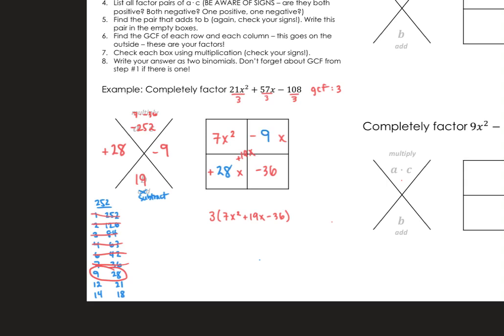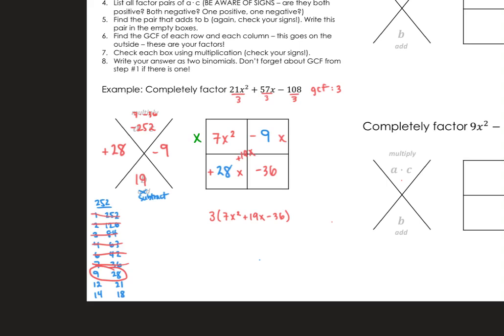Now what we need to do is find the numbers that go on the outside. To do this, we're going to find the GCF of each row and each column. Looking at our first row, 7x squared and negative 9x, the biggest number they have in common is 1, but they both have an x.